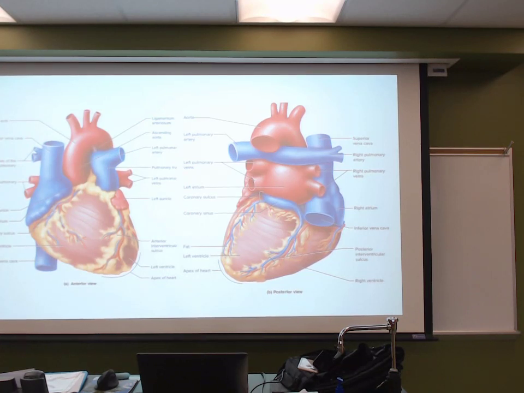Systemic circuit, which is our arteries, was in red. All right? Now, what color are pulmonary veins? Red. Why are they red, not blue?